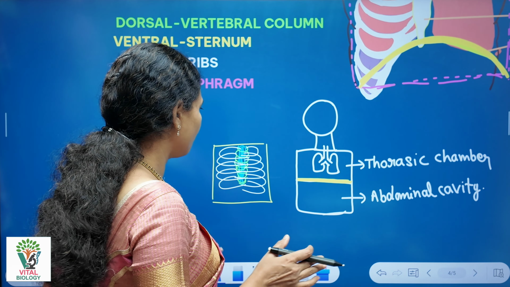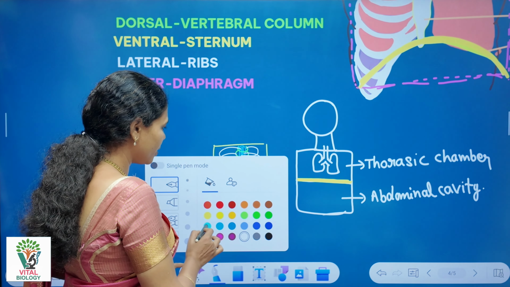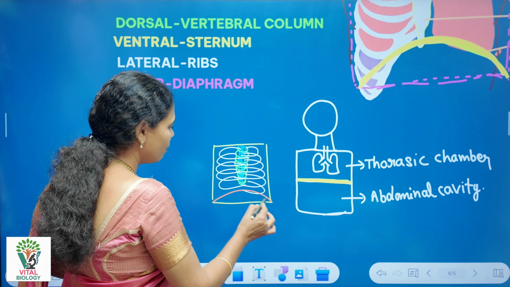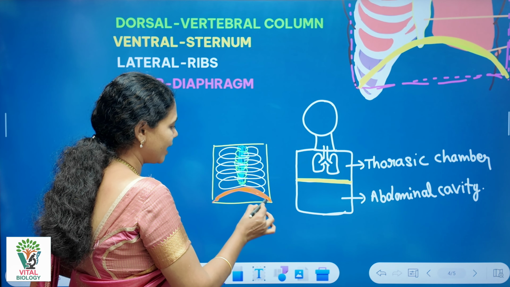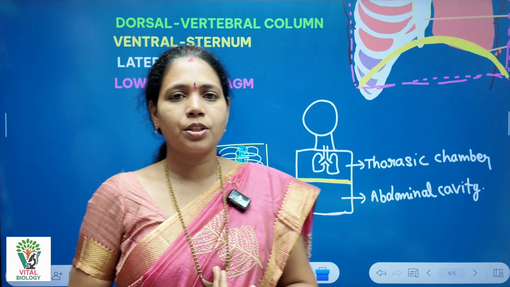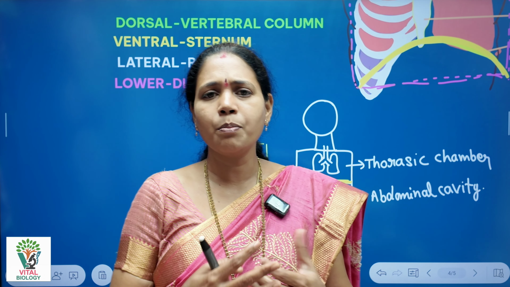Towards the lower side is a dome-shaped structure, the diaphragm. The mid-ventral position is the sternum, the mid-dorsal position is the vertebral column, and towards the lateral sides, ribs are present.